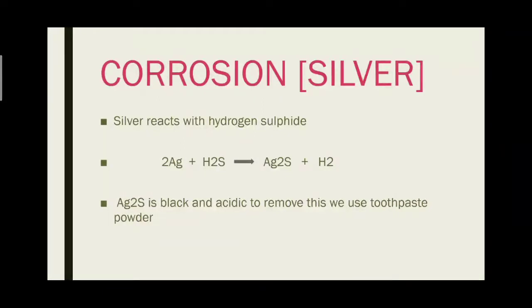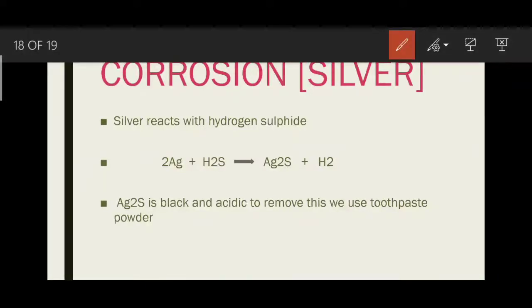So when 2 moles of silver react with hydrogen sulfide, it gives us Ag2S plus H2. Please note, Ag2S is black in color. To remove this, we will use toothpaste powder. Okay.